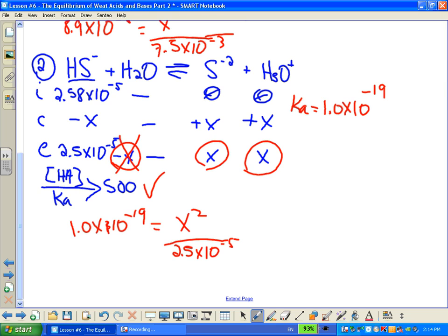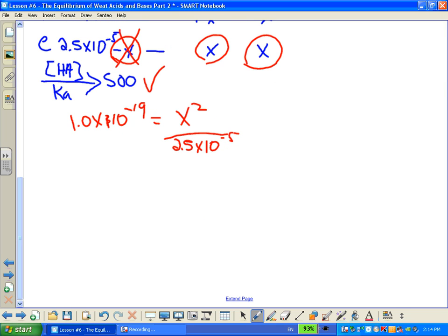If you rearrange that and then take the square root of the X, you end up with the value of plus or minus 1.61 times 10 to the negative 12. Obviously, again, we're not looking at the negative value. It'd be a positive value.